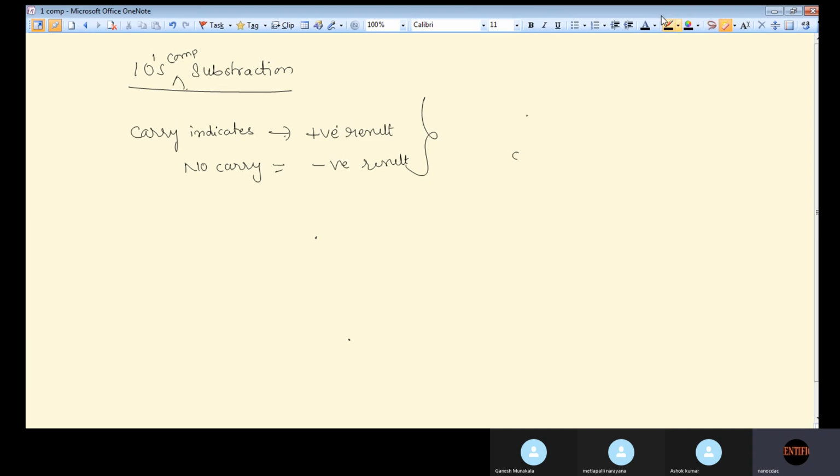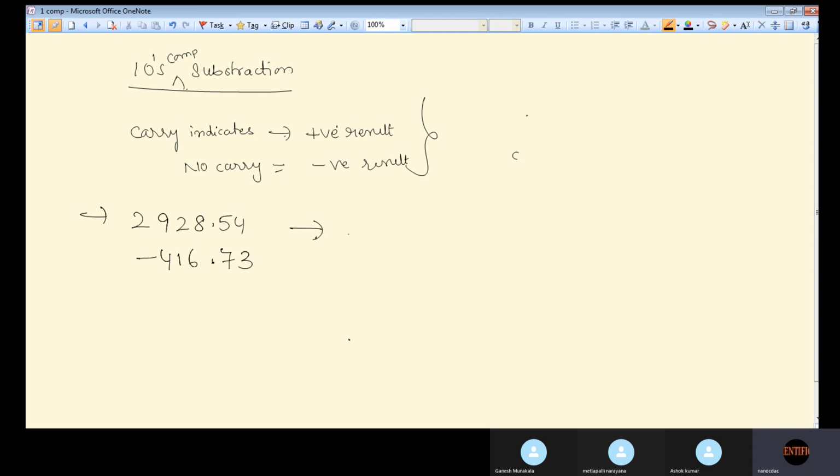I will take this example: 2928.54 minus 416.73. I am doing this for practice. You need to subtract using tens complement.